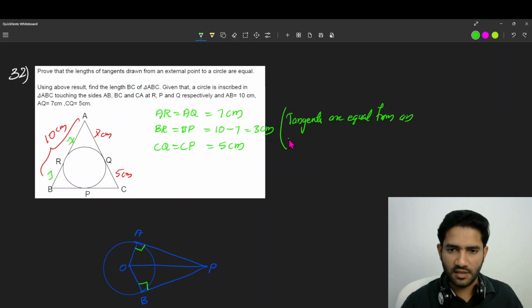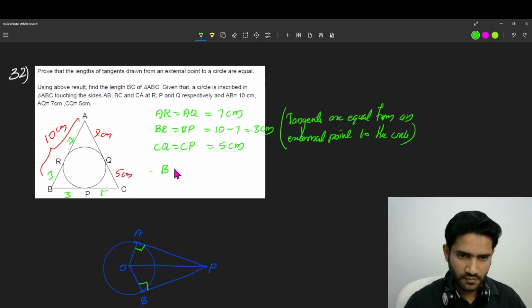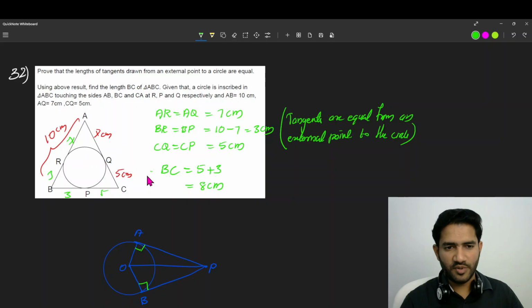That's the reason. Now we want to find BC. We have BP as 3 and CP as 5. Therefore BC equals 5 plus 3, that is 8 centimeters. BC is equal to 8 centimeters.